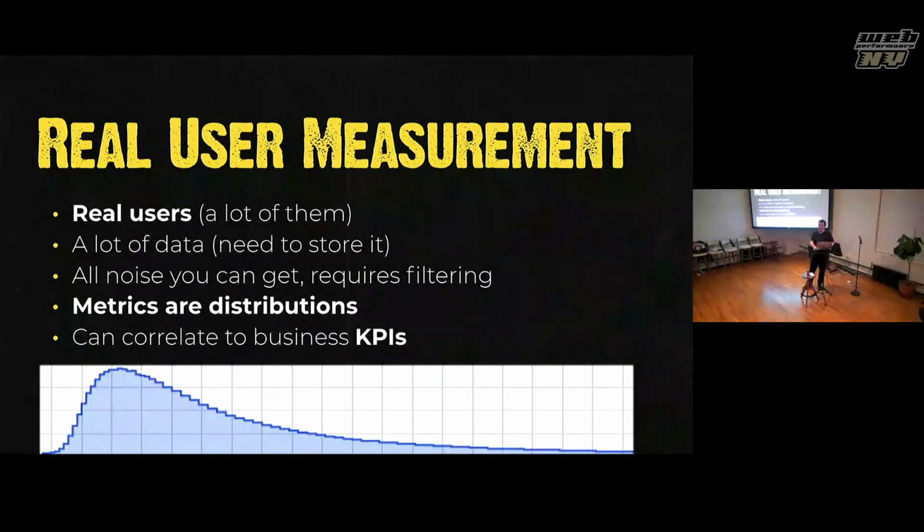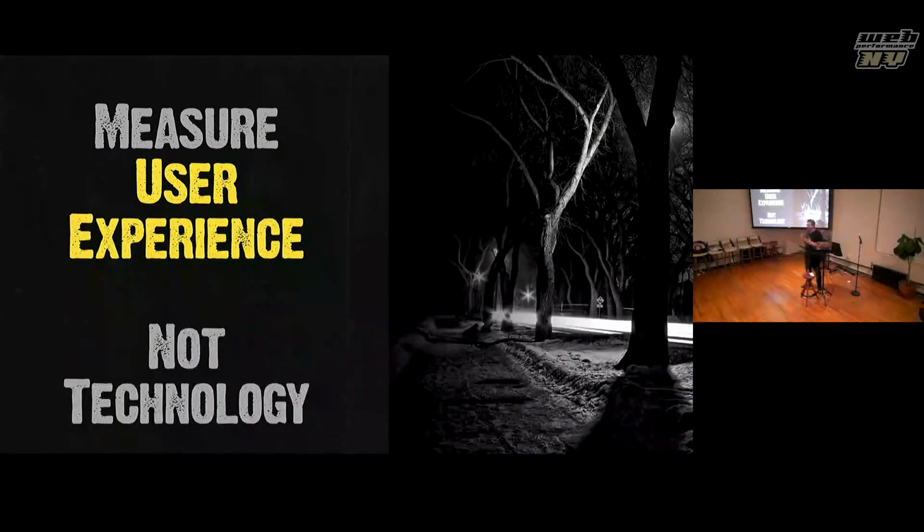When we talk about speed and measurement, there is one thing that is problematic to this day. A lot of times when I talk to people who try to measure speed, they talk about measuring what technology does. Page load, the famous page load event. Well, time to first byte and things like that, right? Or whatever you can measure.